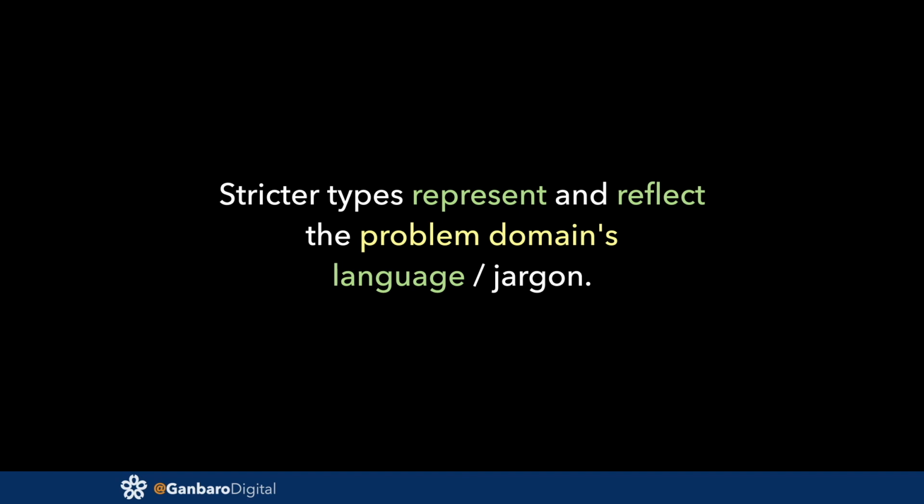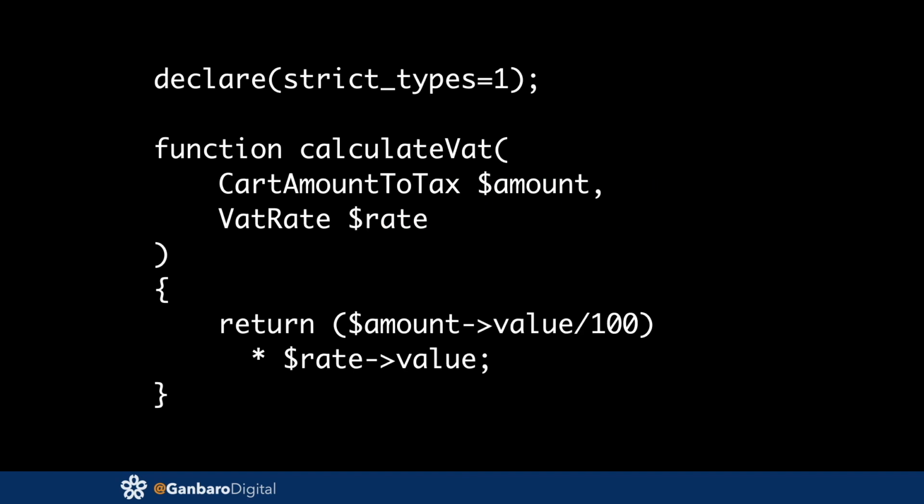So in our case, we've got our cart amount to tax, because this is part of a shopping cart. The problem here isn't the type we're using. The problem's actually our function name. Validate that is too generic. From the function name, you've no idea what the context is, and therefore you can't see why the stricter type makes sense.